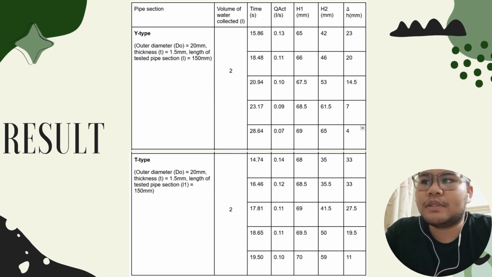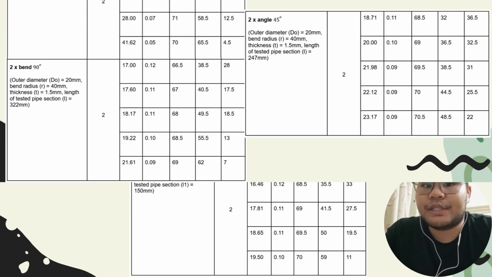Next, for the pipe sections Y type and T type, we also use 2 liters for the volume of water collected and record the time to find Q, which is volume of water collected over time, and then we record the inlet flow pressure H1 and outlet flow pressure H2 to find the difference between inlet and outlet flow pressure.